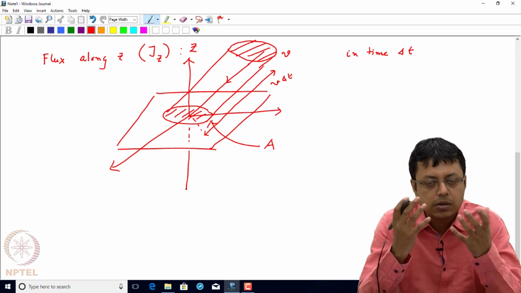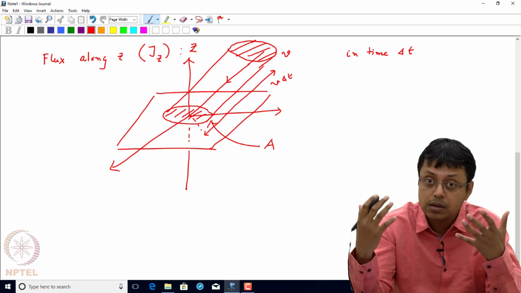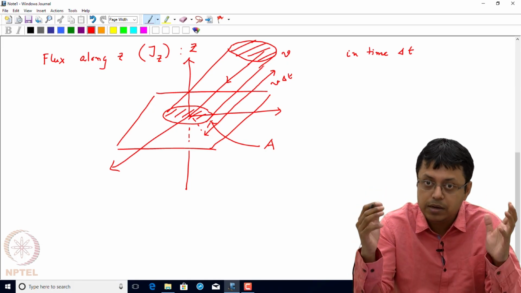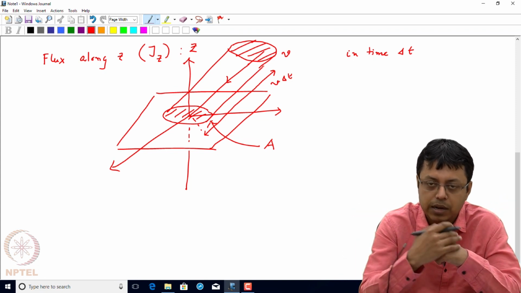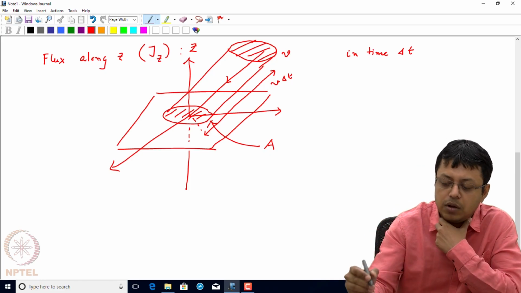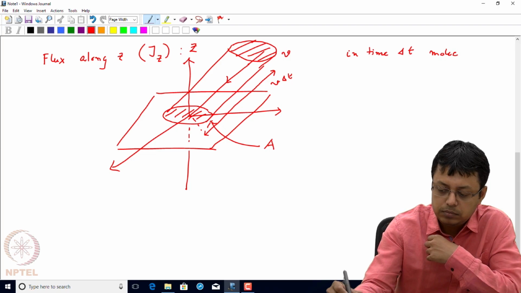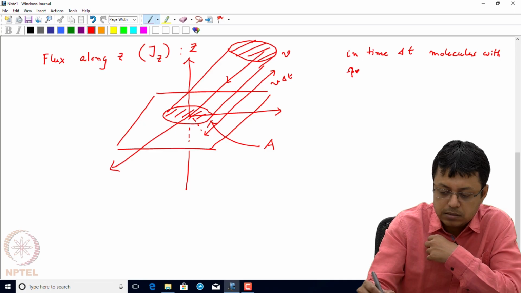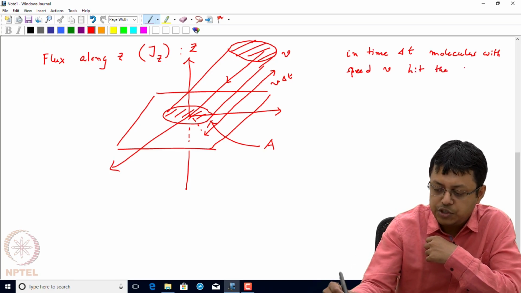Then I can also calculate the total number of molecules passing through this area per unit time. Again, we will divide by the area to get the per unit area concept. So in time delta t, molecules with speed v hit the shaded area.